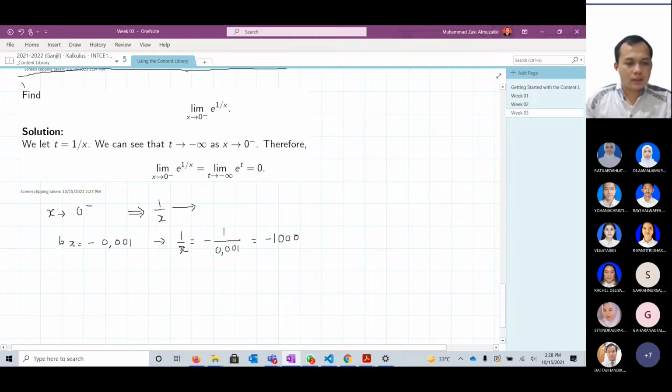And if we let x be minus 0.00001, then 1 over x is actually minus 100,000. Then if we let x much smaller, I mean, from the left, very, very close to 0, what will the value of 1 over x be?